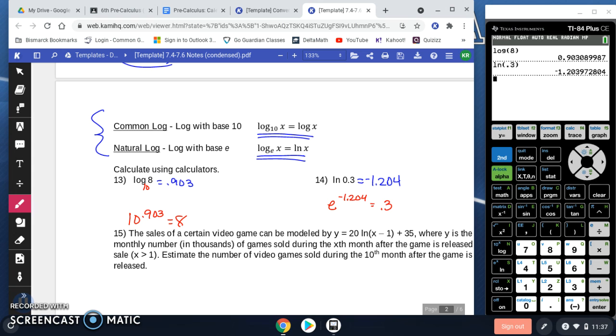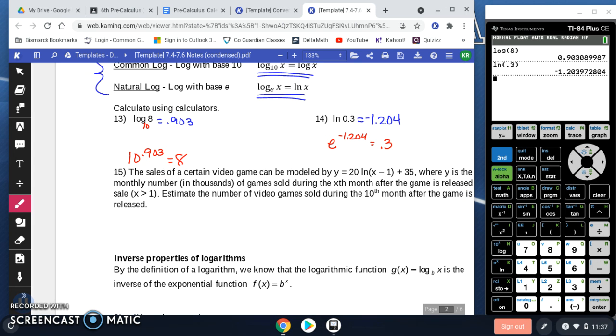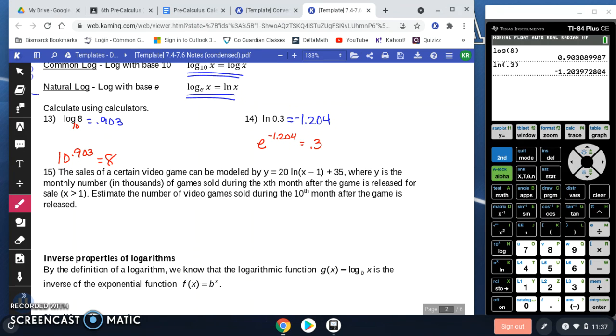Okay, then this last example that we're going to be looking at today is an example of using a logarithm equation in an application problem. So here this is an equation predicting the number of games sold, and we want to know in the 10th month.